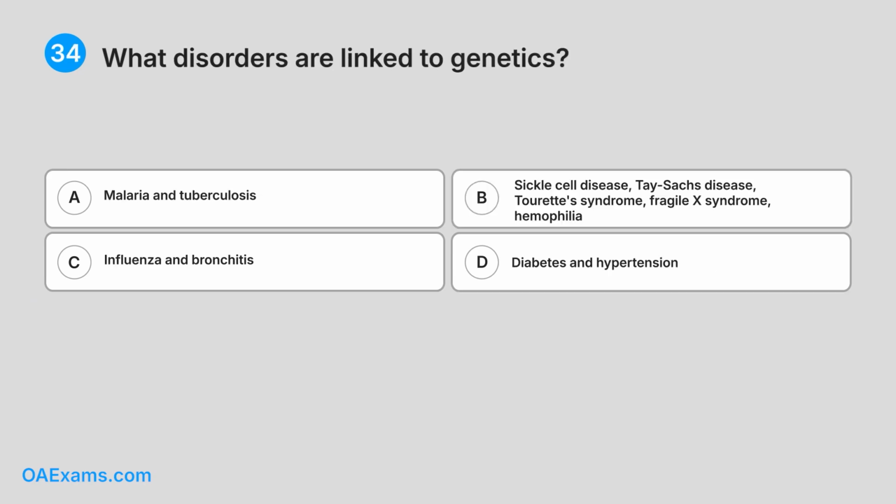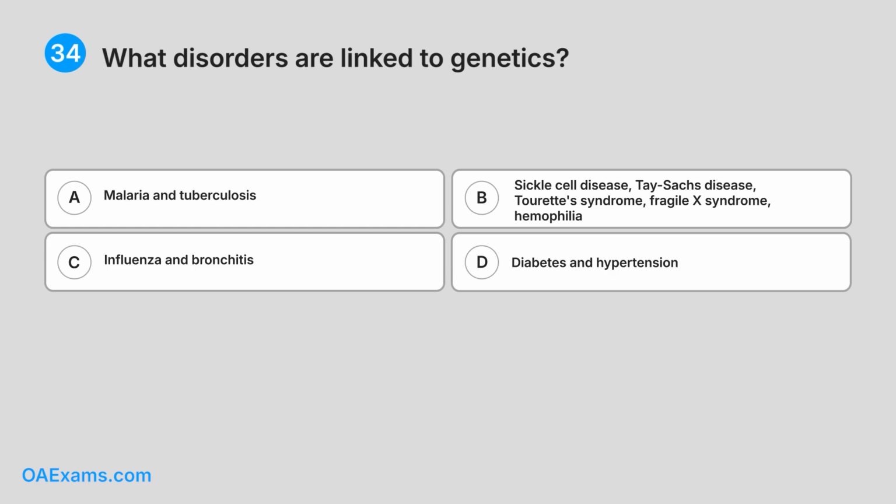34. What disorders are linked to genetics? A. Malaria and tuberculosis. B. Sickle cell disease, Tay-Sachs disease, Tourette's syndrome, Fragile X syndrome, hemophilia. C. Influenza and bronchitis.